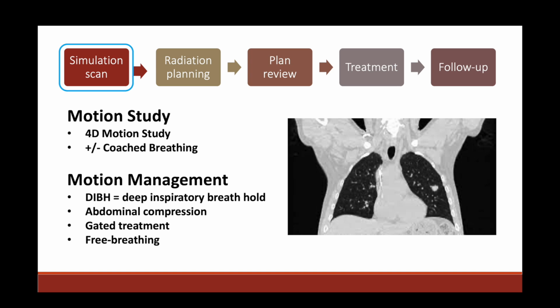And so sometimes we might get a motion study and actually use what we call coaching or coached breathing. That is a track that we usually play or instructions that we give the patient to breathe in and breathe out at timed intervals. And that helps us to regulate their breathing so that we can acquire a smoother motion study.